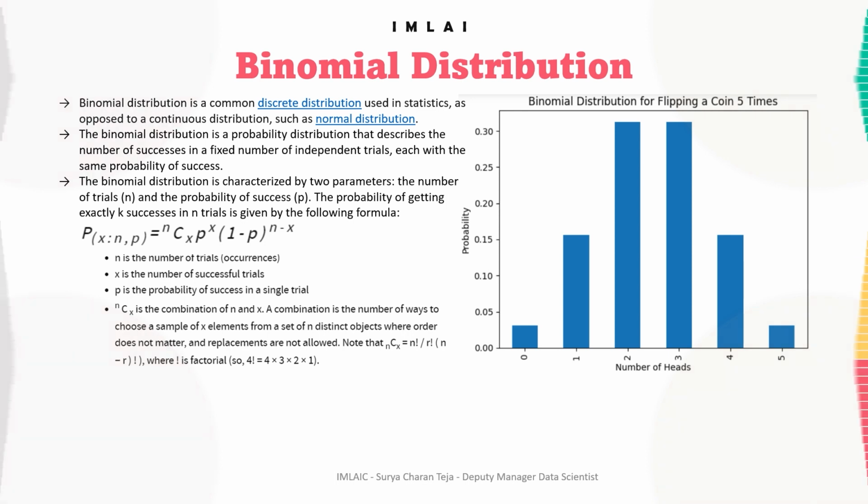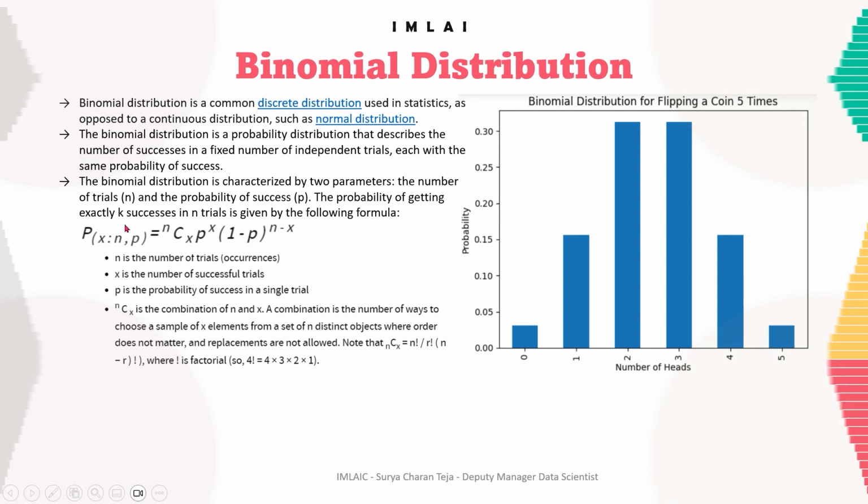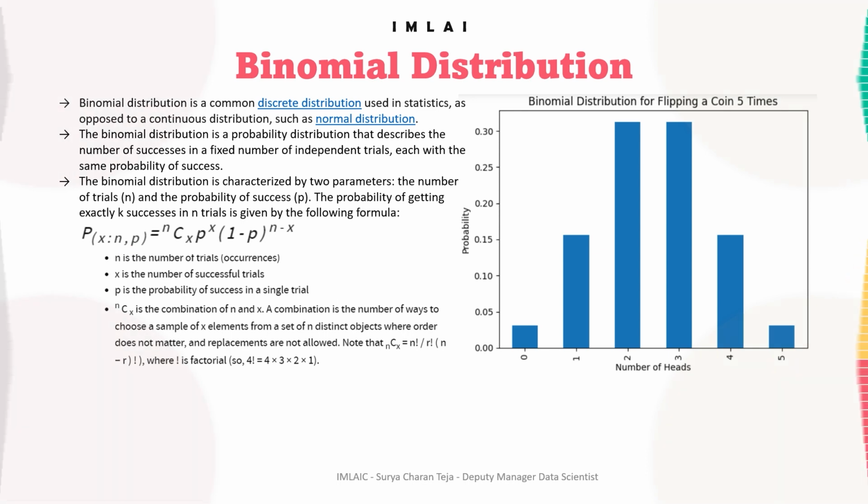So this is the formula which calculates the probability of getting exactly k successes, or x successes. Here, I told you that k and x are interchangeable, so you replace k with x. The probability of getting x successes in n trials is given by this formula, where p is the probability of success in a single trial.